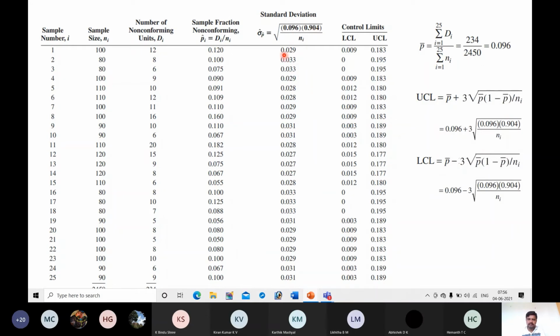Next, based on this, you can find the standard deviation values for all 25 samples. Then you can find the upper control limit and lower control limit.